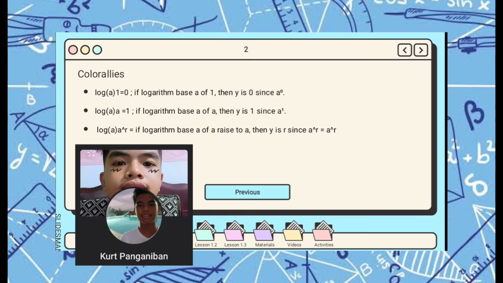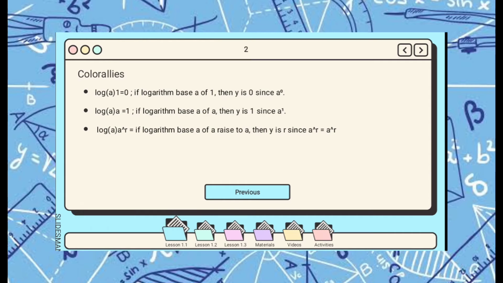For example of this is 1 times 27. So the answer would be 27, right? So that is what happened in example number 3.